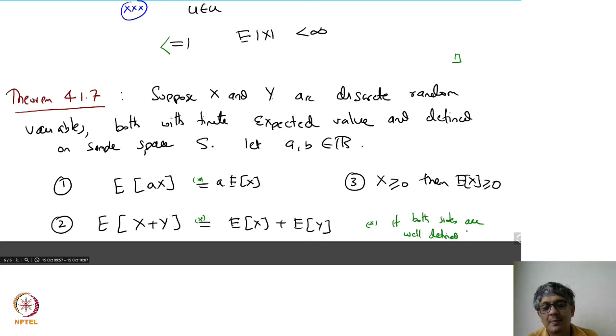It could be possible that E of X is finite, E of Y is finite, then E of X plus Y is finite, then all this is true. It could be possible that E of X is minus infinity and E of Y is plus infinity, and then X plus Y might be defined, but the equality may not hold true. So the equality only happens if both sides are right. Let me try and prove this theorem.